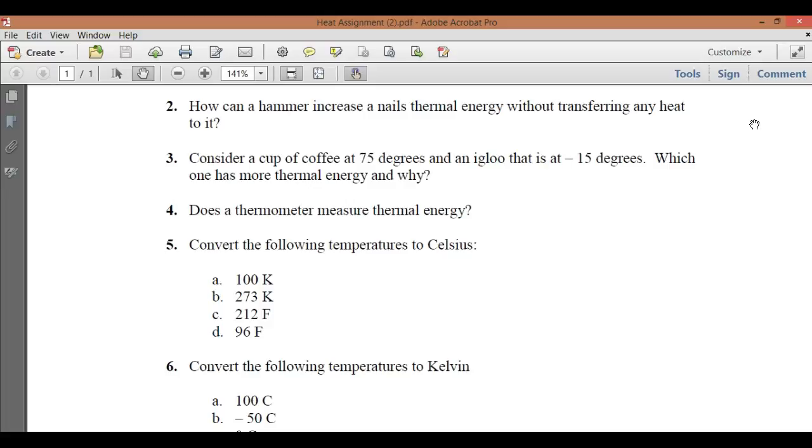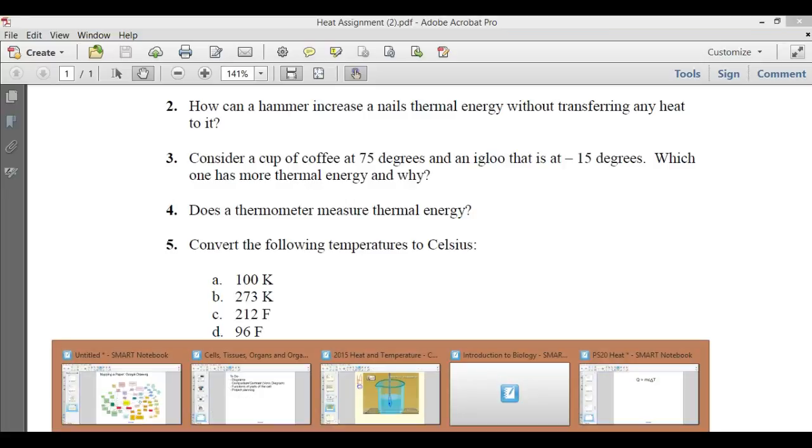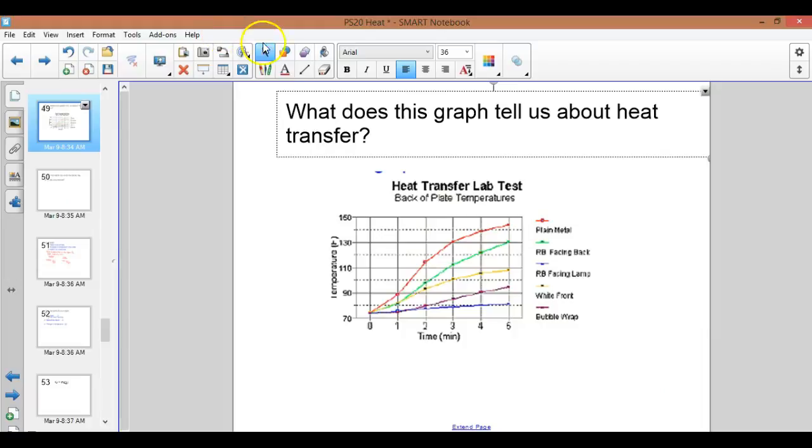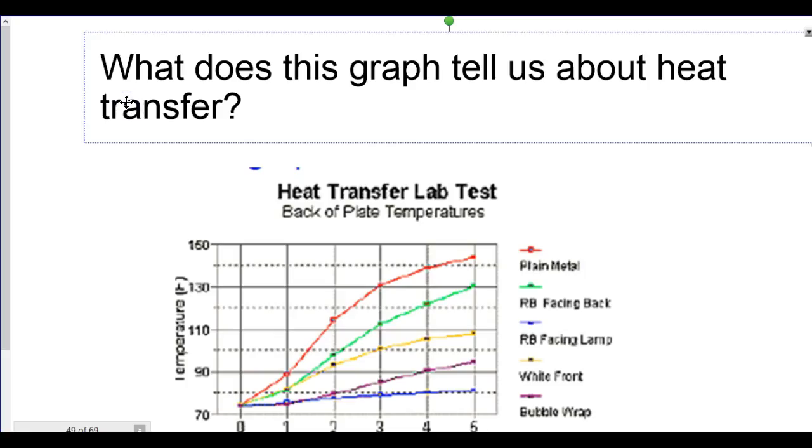Today, we're going to talk more about heat energy and how we can measure heat energy. I am hoping that tomorrow we will be able to do a lab looking at determining the amount of heat transfer that goes on between one of those blocks and water.